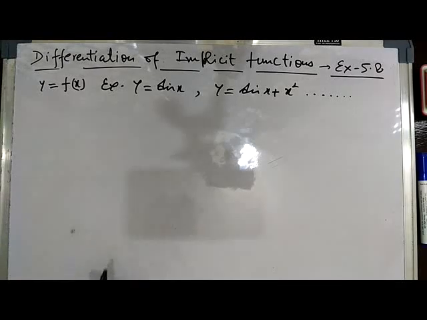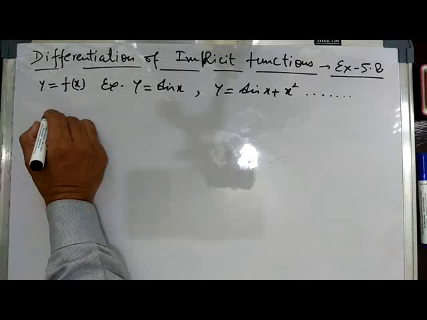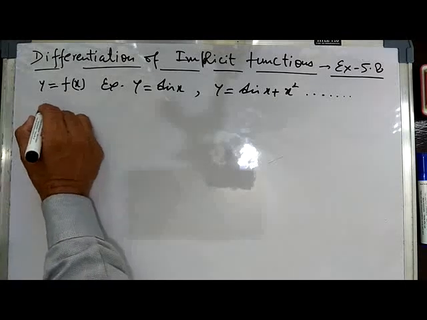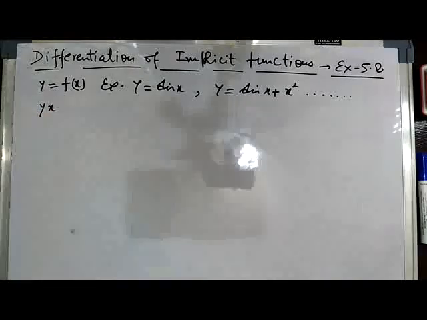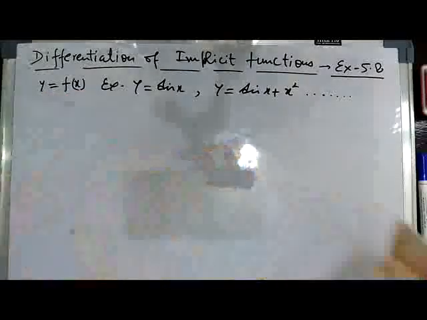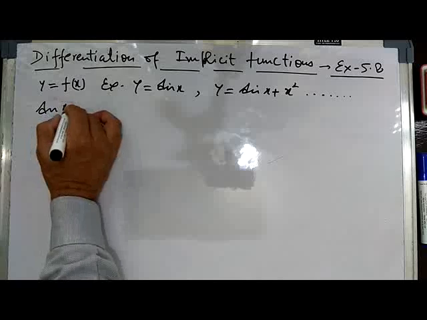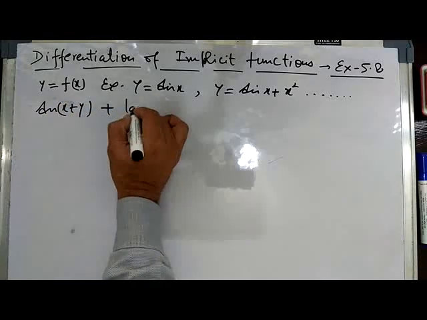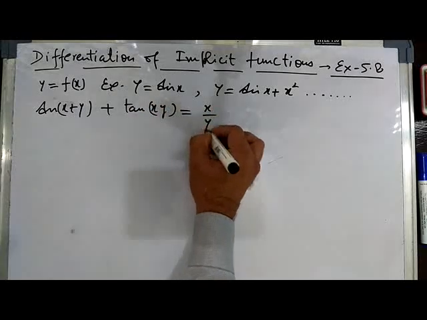sometimes what happens is that it is not clearly distinguishable whether y is a function of x or x is a function of y. For example, we have sine x plus y with tan xy equals x upon y squared.